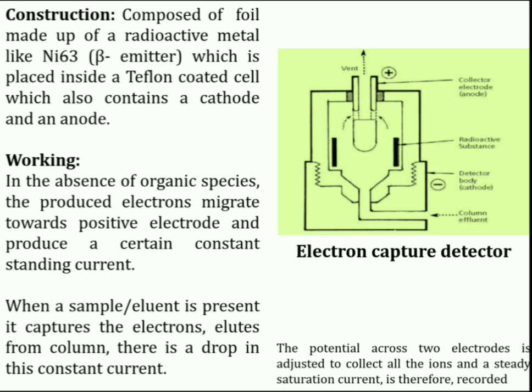When a sample or eluent is present, it captures the electrons as it elutes from the column, which results in a drop in this constant current. The potential across the two electrodes is adjusted to collect all the ions, and a steady saturation current is therefore recorded.